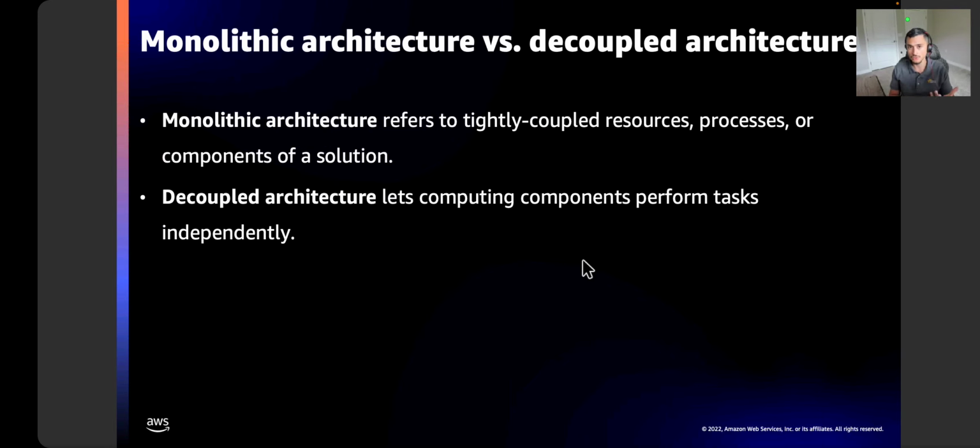That means that if a single component fails, everything goes down with it. That's the problem with a monolith: our resources are really tightly coupled, with tight interdependencies between the components, which makes it very fragile. If one of these components fails, everything fails with it.